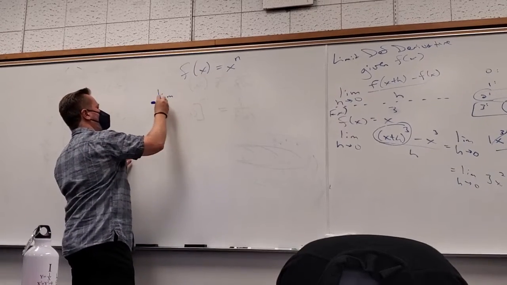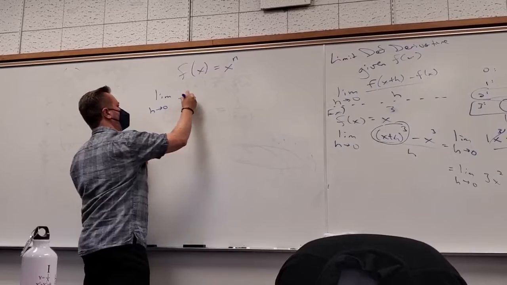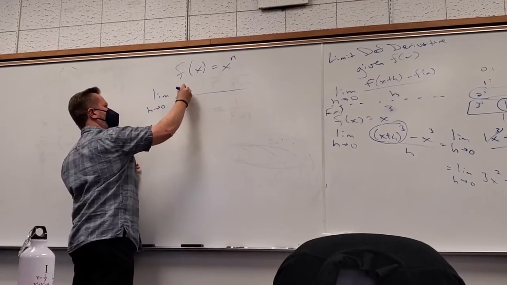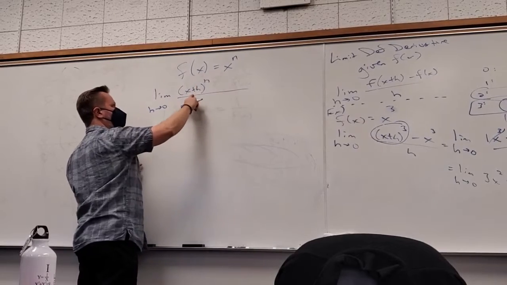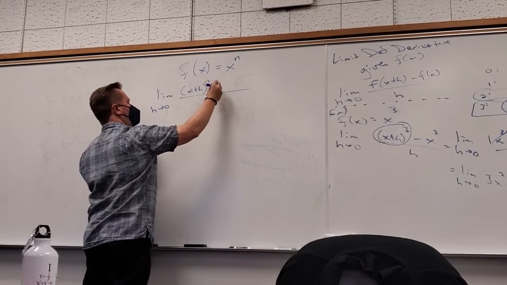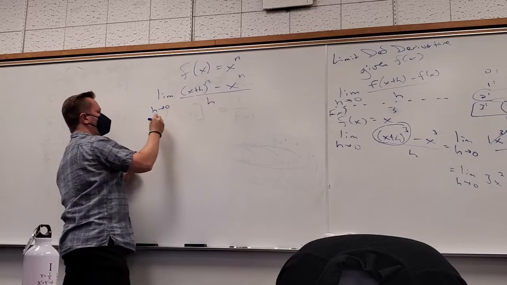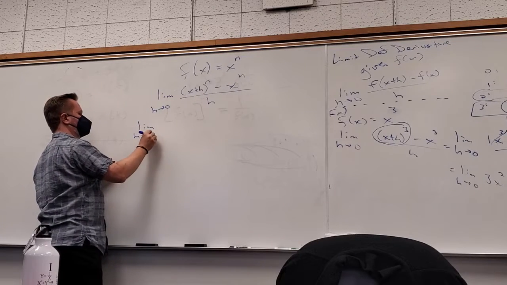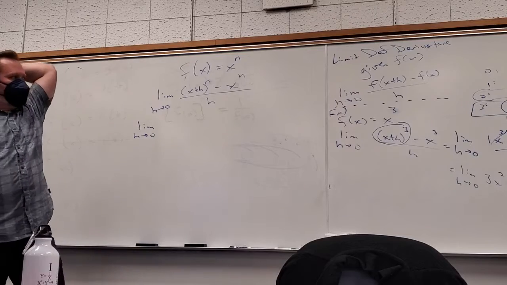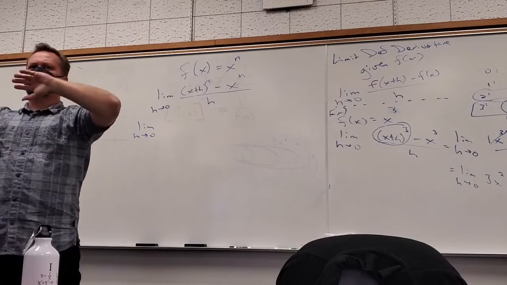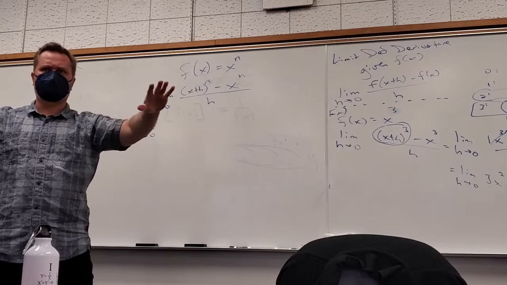So if we set this up, what's it going to look like? It goes here: x plus h to the power of n, minus x to the n, right? Now watch this. We're going to hand wave this away. There's more to this; if you've ever taken statistics, you might have heard of combinations, combinatorics.